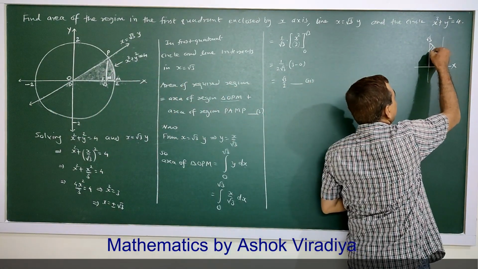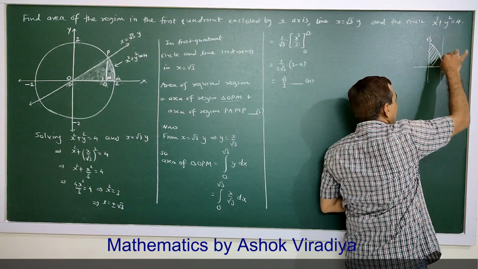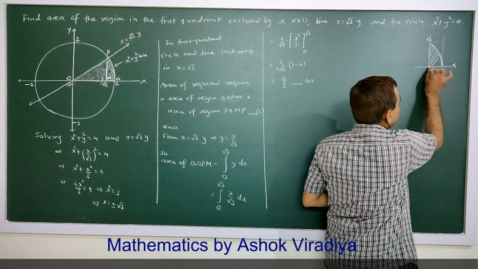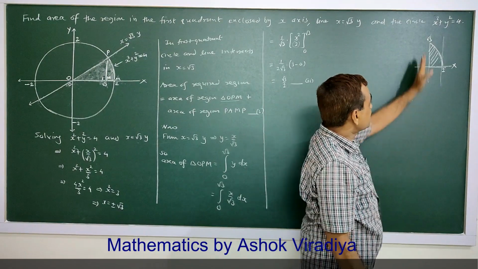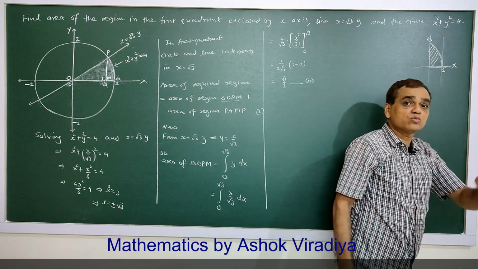This is bounded by the circle, the x axis, x equal to root 3 and x equal to 2.